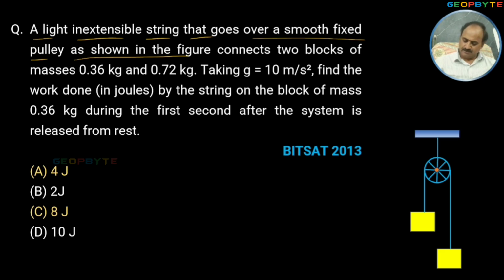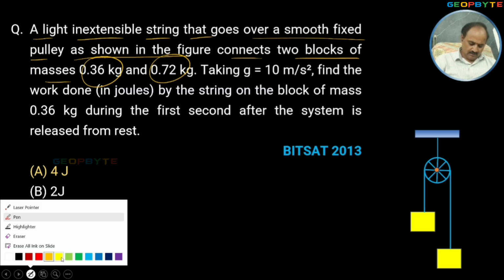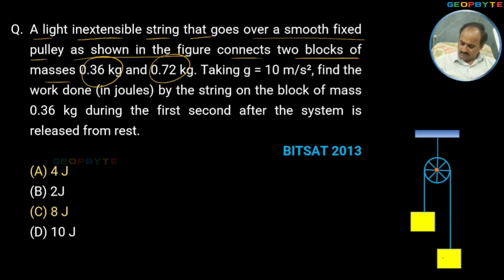Look at the mass of the two blocks. It connects two blocks of masses 0.36 kg and 0.72 kg. Among the two blocks, one is the bigger block with capital M mass, and small m. Small m is given 0.36 kg and capital M is given 0.72 kg.